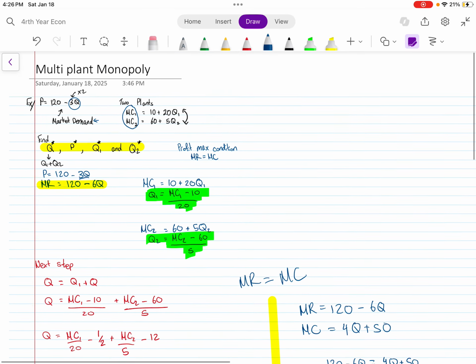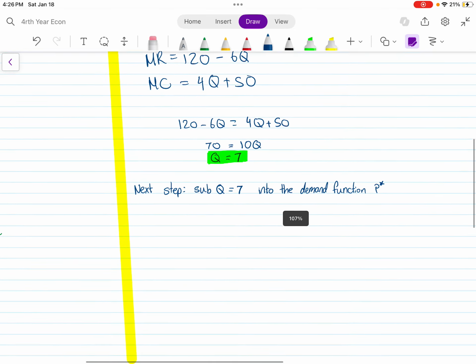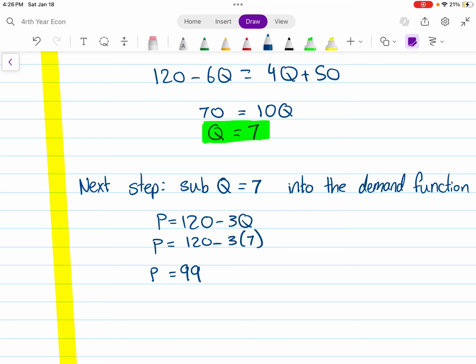Again, our demand function is given, which is 120 minus 3Q. So then we have P is equal to 120 minus 3Q, sub in Q into our function. We get a price of 99. So now we solved for our second variable.